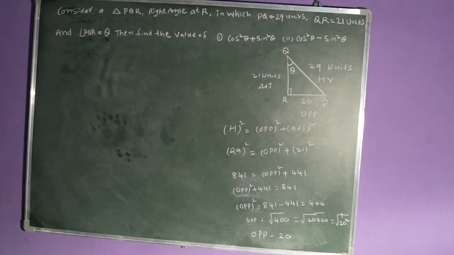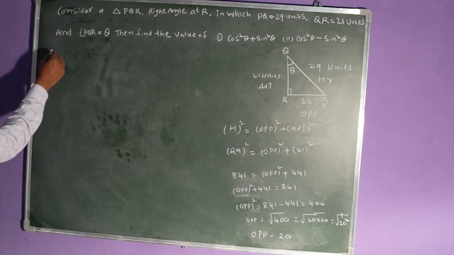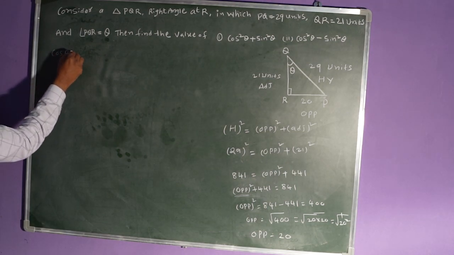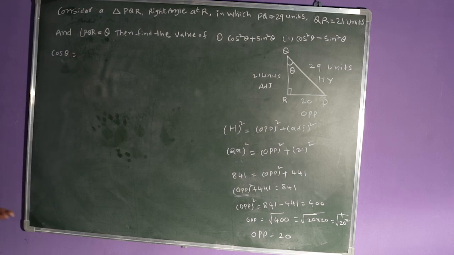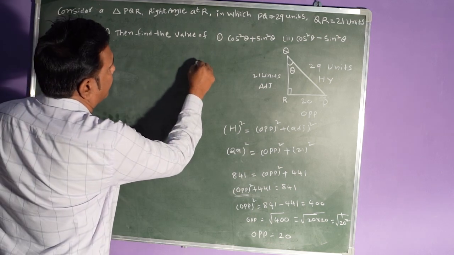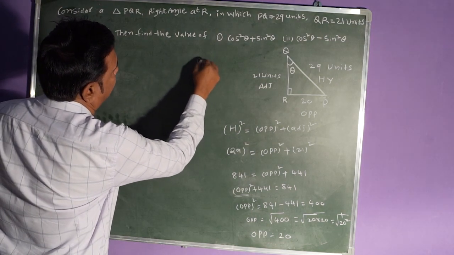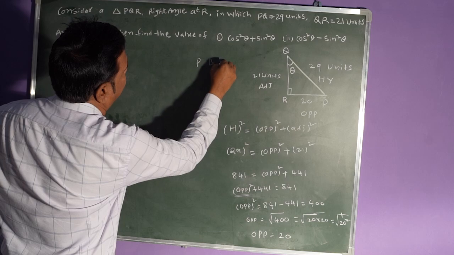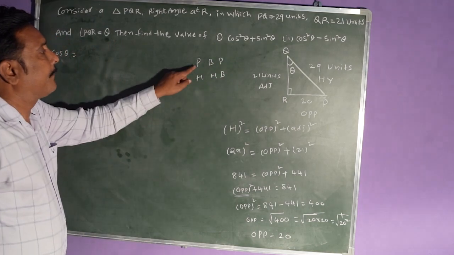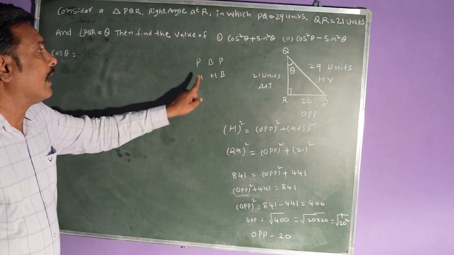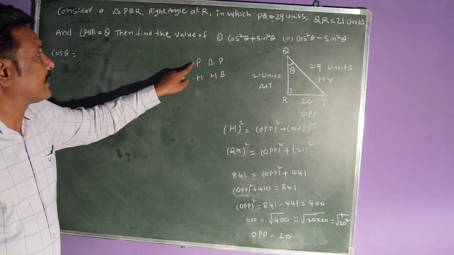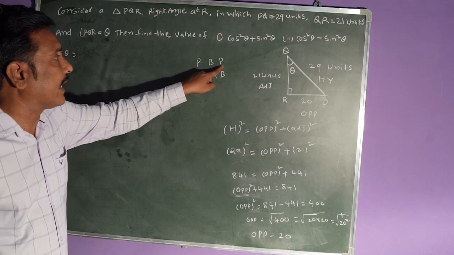Find the cos square value. What is the cos theta? I will clearly explain. P, B, P, H, H, B. This is the sine, this is the cos, this is the tan.